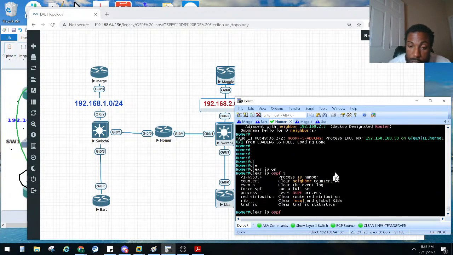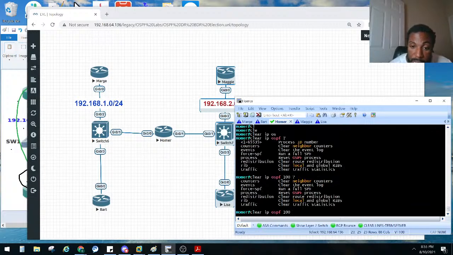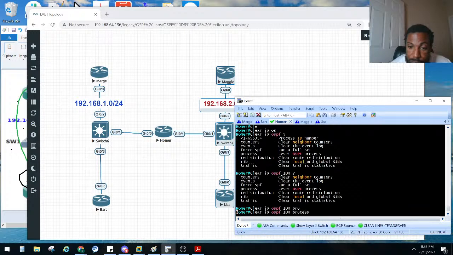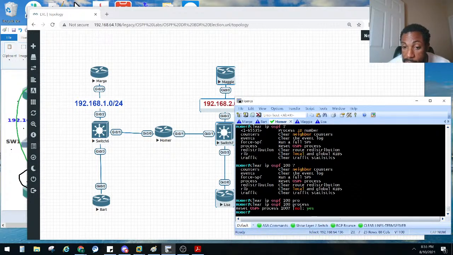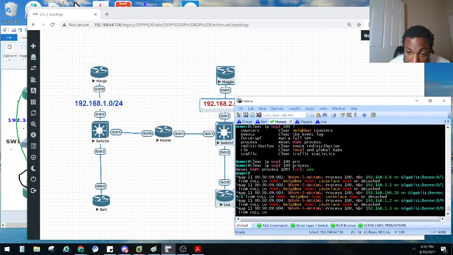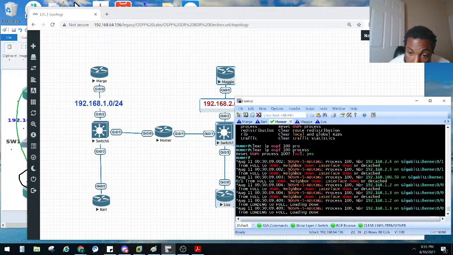Yes, process 100. So we can say clear IP OSPF 100, and then process like that, just in case there's more than one process. But you really don't want to do that, right? So yes, that should tear down the relationship and bring it back up.